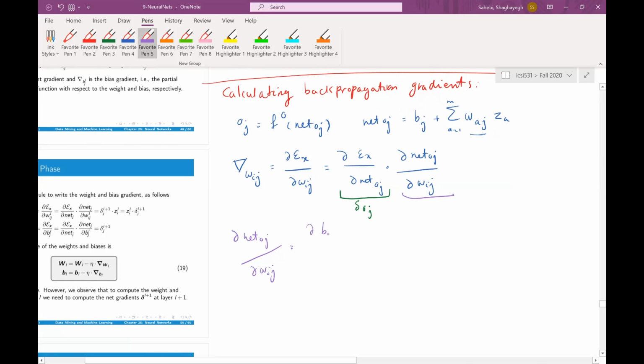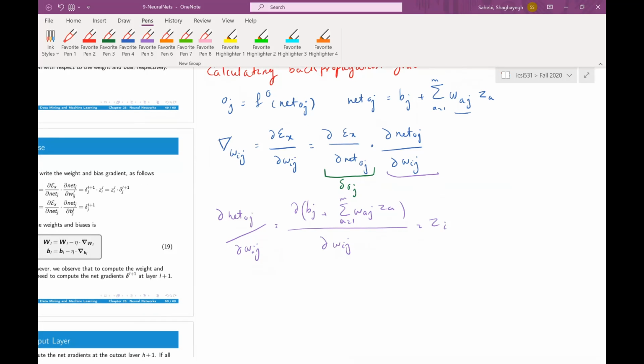The derivative of Bj plus sigma Waj Za, A equals 1 to M, with respect to Wij, right? Which is basically going to be Zi, right? Now, the derivative of the green part, the delta OJ, depends on what the formulation for error is.